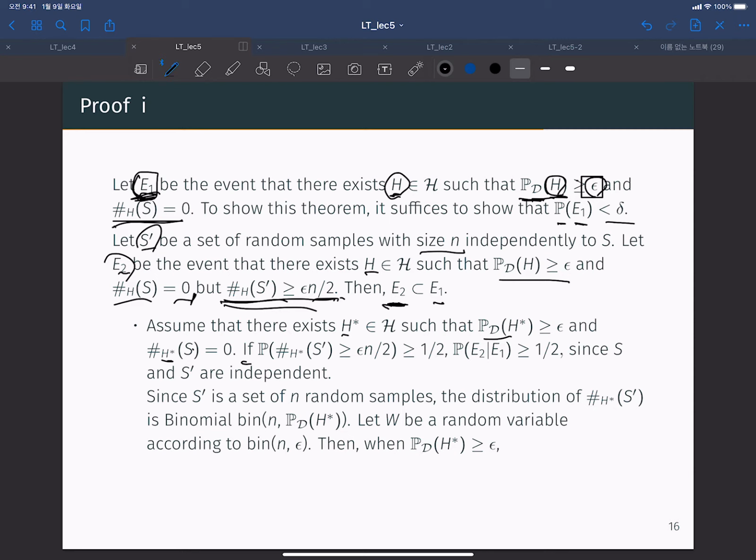Then if S prime has epsilon n over 2 data points in H star, the probability of that event is greater than or equal to 1 over 2. Then the probability of E2 given E1 is greater than or equal to 1 over 2, since S and S prime are independent.